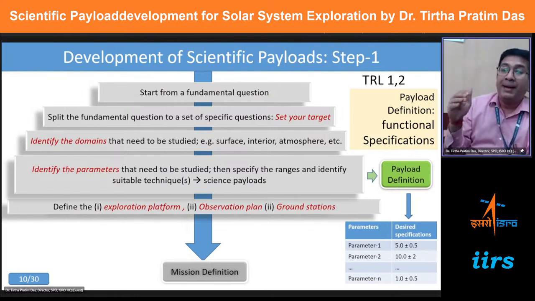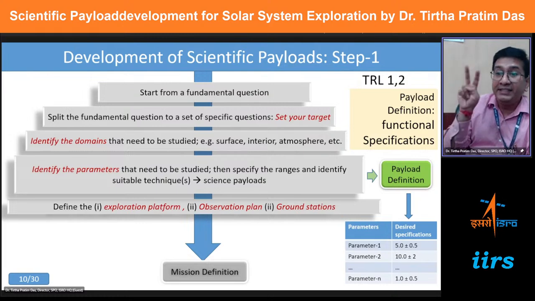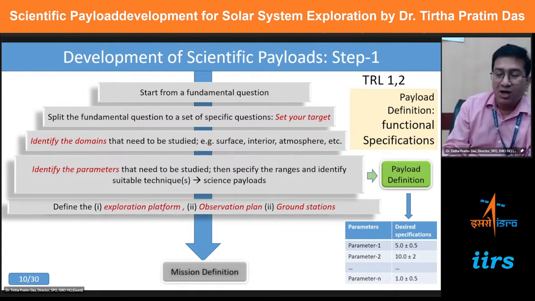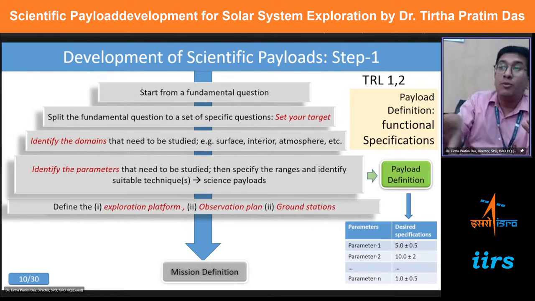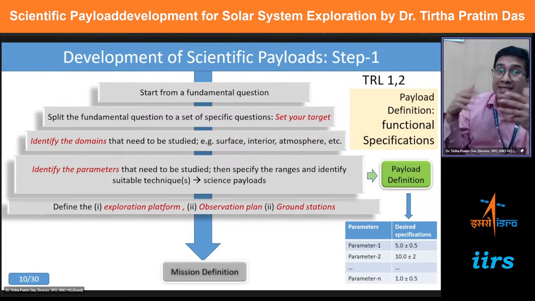Then you identify the parameters which you want to study and specify the ranges of the parameters and identify the techniques which you want to use, whether you want to use infrared spectrometry or a gamma ray spectrometer. That is your technique, and that's how the scientific payload concept comes into the picture.